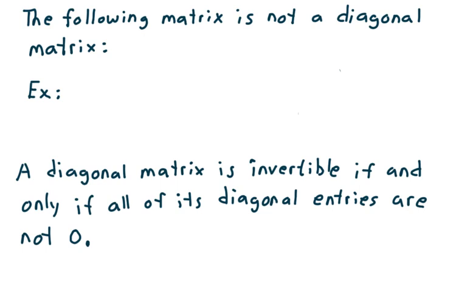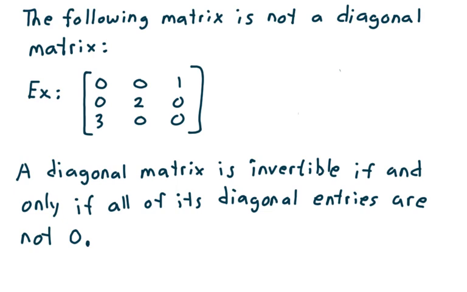The following matrix is not a diagonal matrix. Suppose I give you the matrix 0, 0, 1, 0, 2, 0, 3, 0, 0. This is not a diagonal matrix. Why? If we circle the entries along the main diagonal, we get 0, 2, and 0, right?